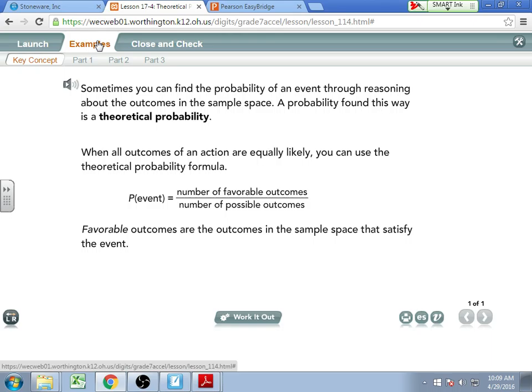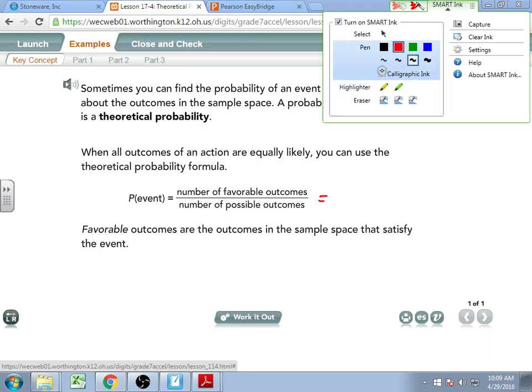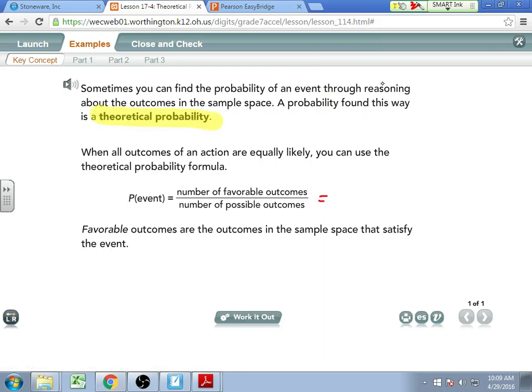So my theoretical probability is not based off anything that I've done. It's only based off the information that I know. Theoretical probability has nothing to do with trials. When we ask for theoretical probability, it's just based off the math.